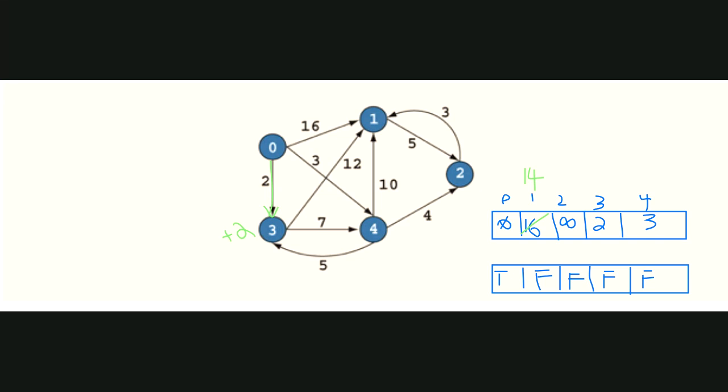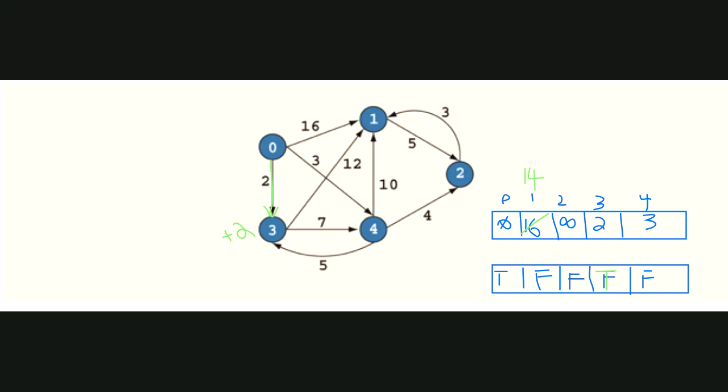If I want to go to 4, it's going to be 7, and 7 plus 2 is going to be 9. So it's going to be a lot more, right? I can directly go, it's going to be 3. So that's not a good idea, so that's not going to change. But we already visited the 3, right? So this becomes true here, and we're done with that. Then we're going to go to the next one.